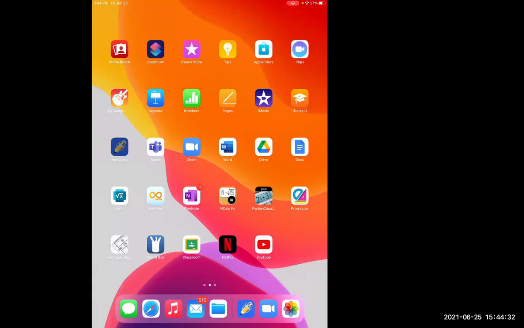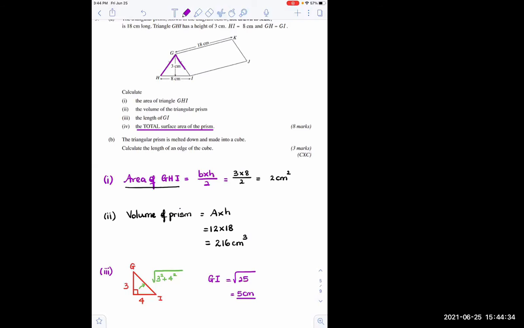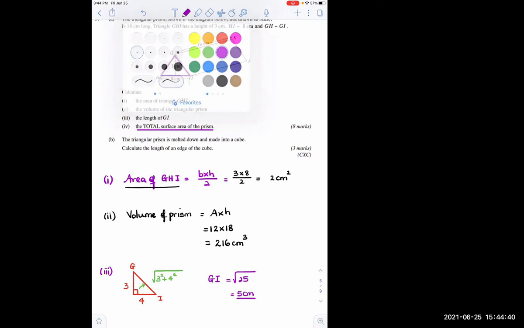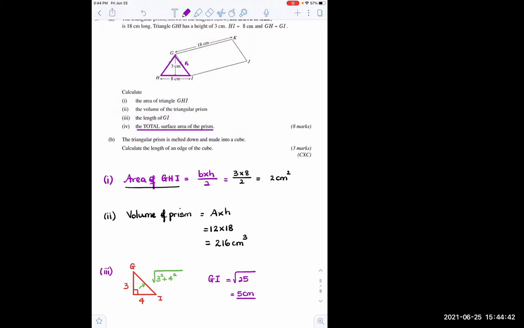You seeing the question, right? This is an isosceles triangle because here is 5 and here is 5. So it means that two rectangular faces have the dimensions 5 by 18. You all agree with me?